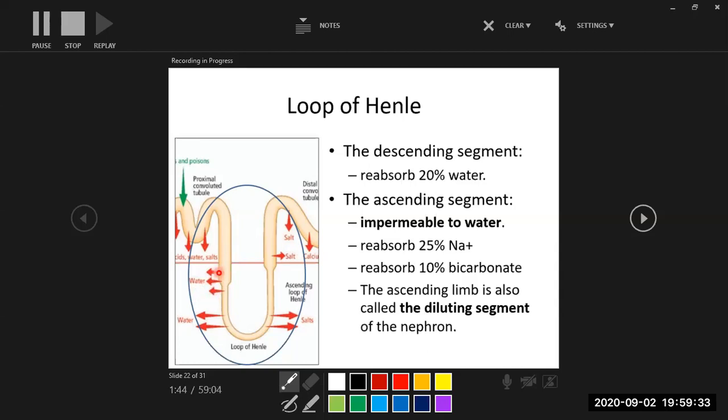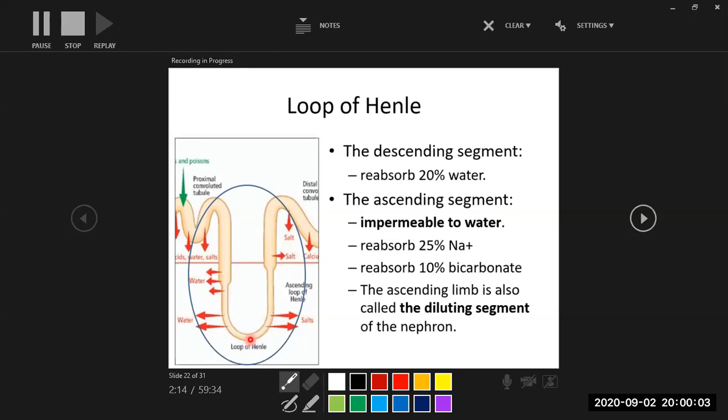Through this process it doesn't reabsorb salt or something else. It doesn't forcefully or actively reabsorb water, but because the environment is so salty, that provides the osmotic pressure to reabsorb water. And here, this portion is not.